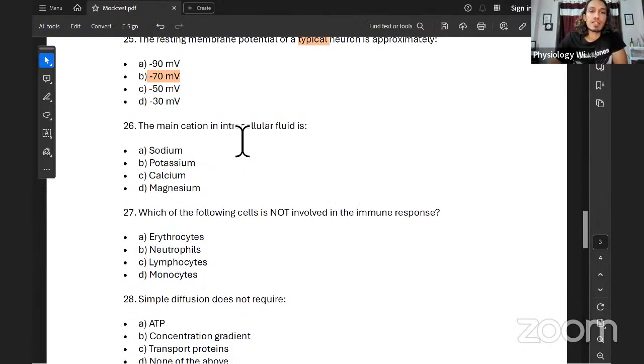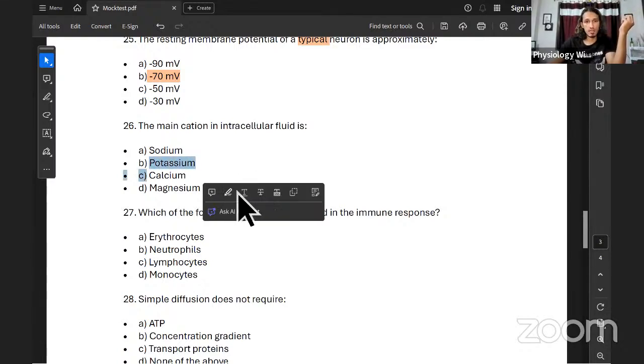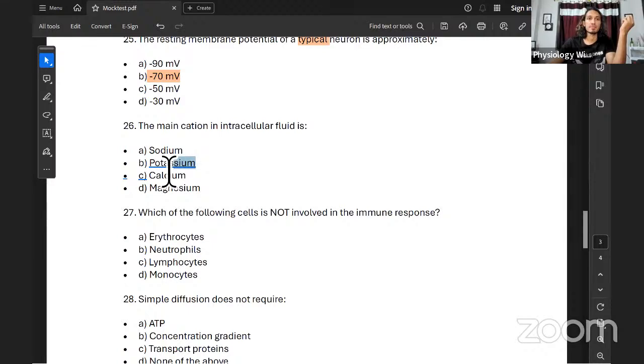The main cation in the intracellular fluid. So inside the intracellular fluid, the positively charged ion which is maximum is potassium. This is also a straightforward answer. Instead, if the question was, what is a major cation in the extracellular fluid, it's going to be sodium, and the major anion in the extracellular fluid is chloride. For the major anion in the intracellular fluid, protein is not the answer.